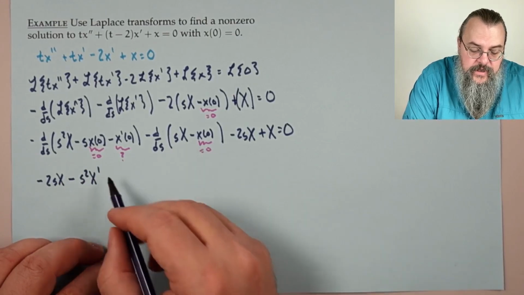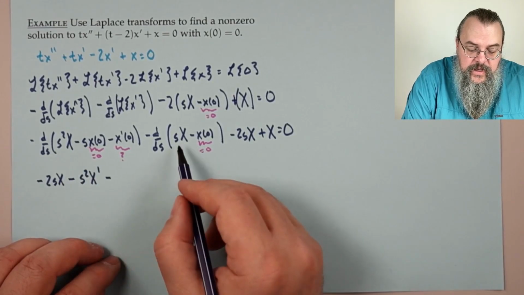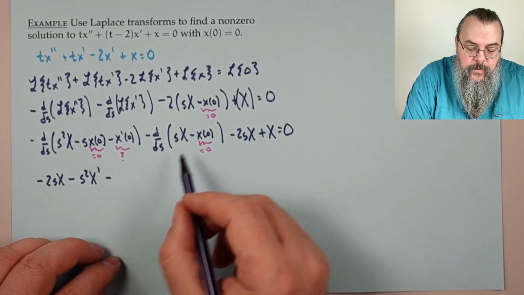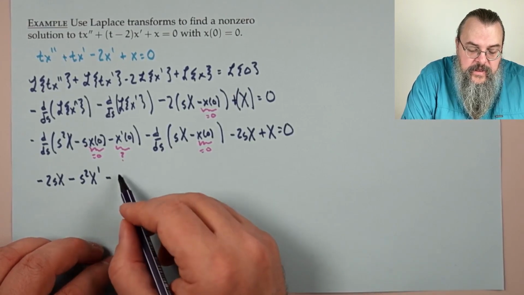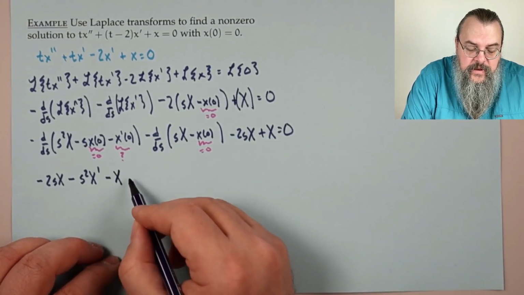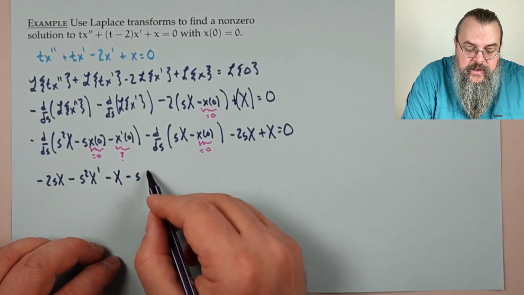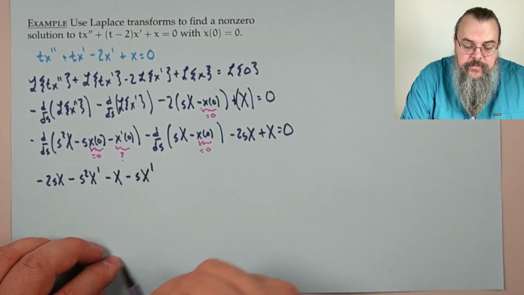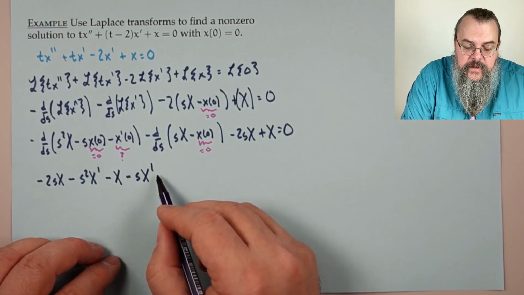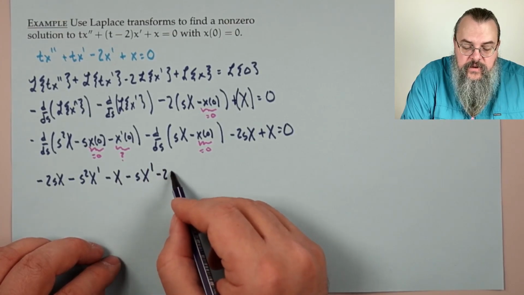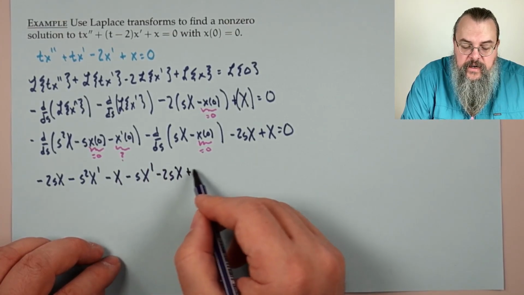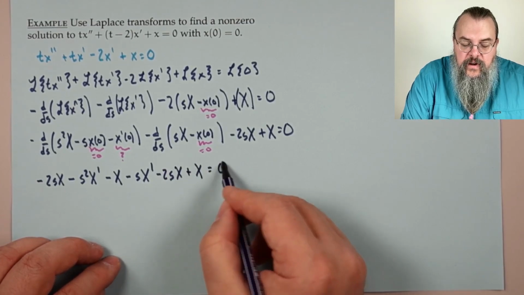Similar over here, minus, okay, derivative of the first is 1, and then times the second, x, minus the first times the derivative of the second, x prime. All right, and then we have our minus 2s x and our plus x.